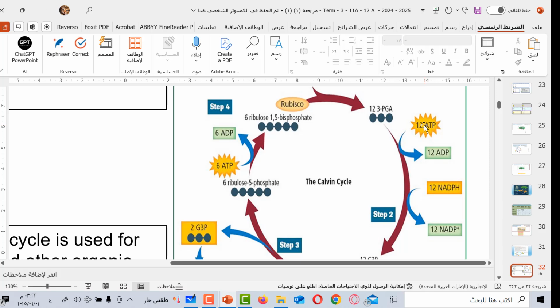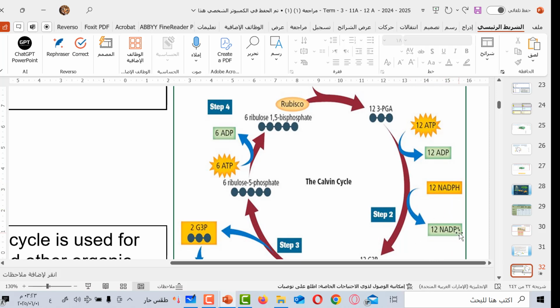So we will need 12 phosphate groups. They come from 12 ATP, and 12 ATP will change to ADP, and after that there are some electrons, and then they want hydrogen or protons. The protons will come from NADPH, which will change to NADP, to this molecule, 12 3PGA.